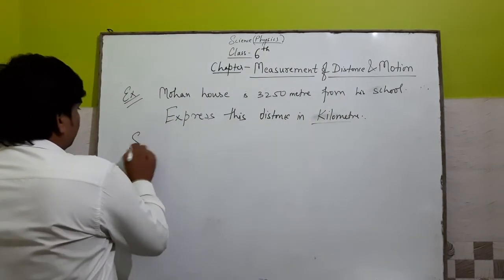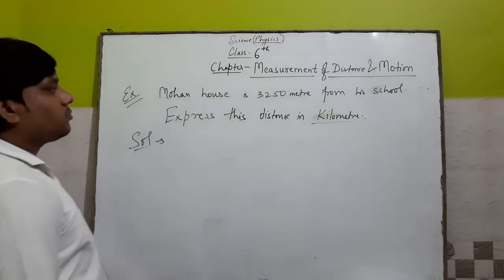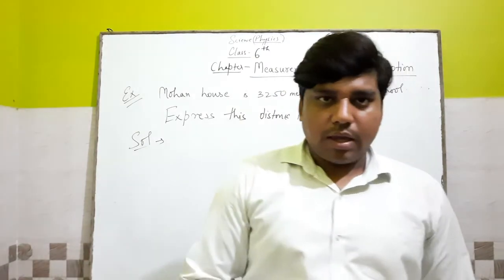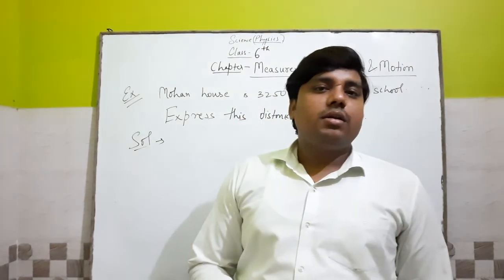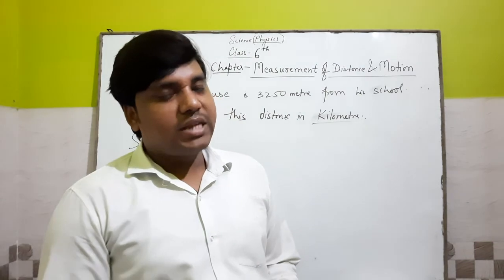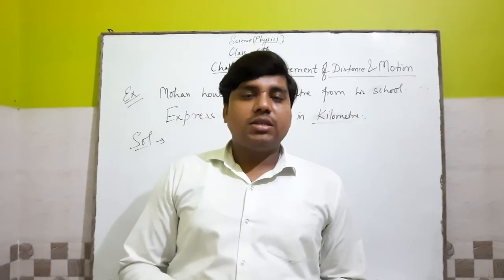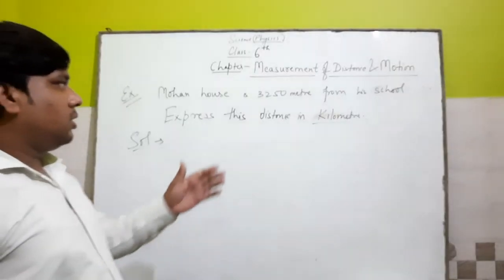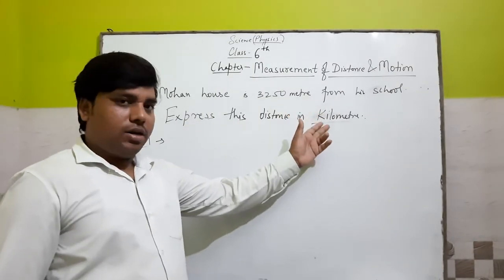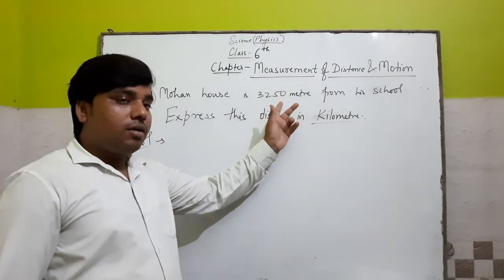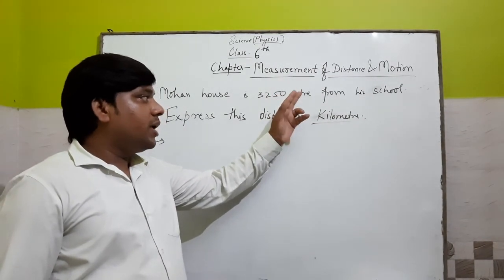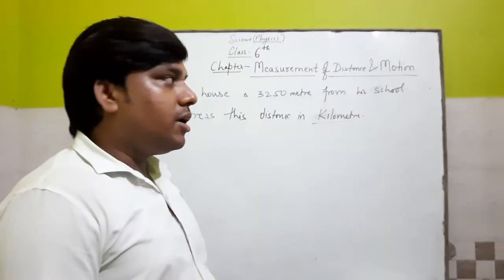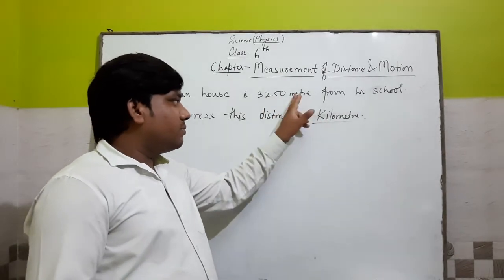Let's do it. How do we do this? First you know one thing. Kilometer is a bigger unit and centimeter, millimeter are smaller units. Listen carefully. If we convert a smaller unit into a bigger unit, then we always divide by the relation between meter and kilometer.